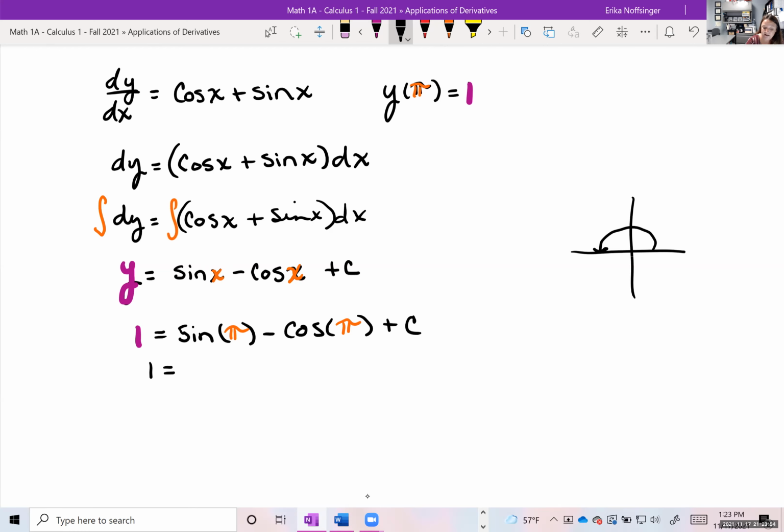Sine is your y value on the unit circle, so that's 0, minus cosine of pi, which is negative 1. So minus negative 1 plus c. So 1 equals 1 plus c. So our constant in this case is actually 0. So our original function is y equals sine x minus cosine of x.